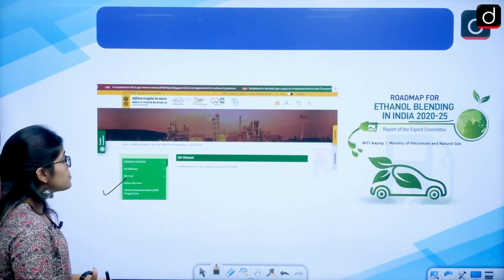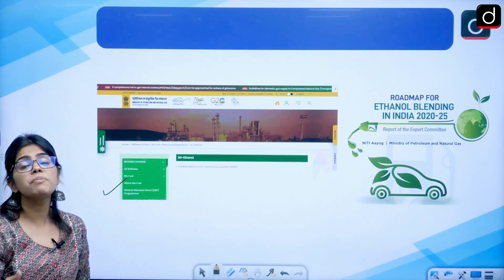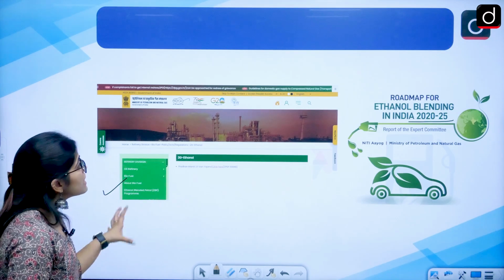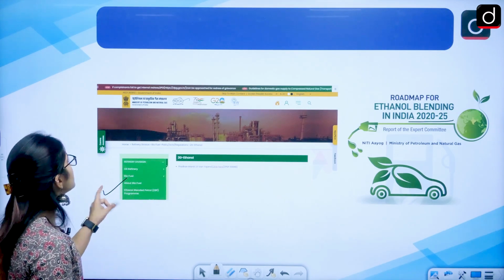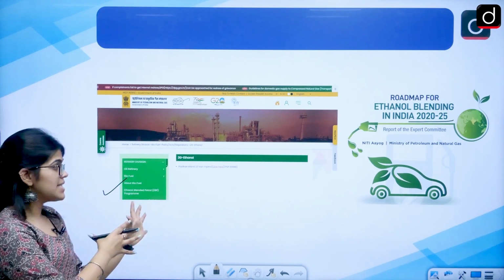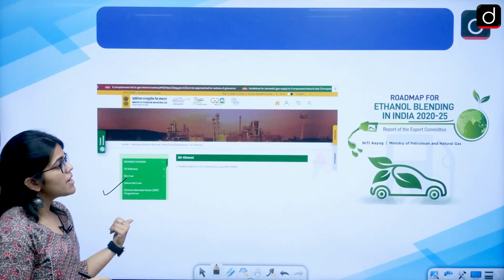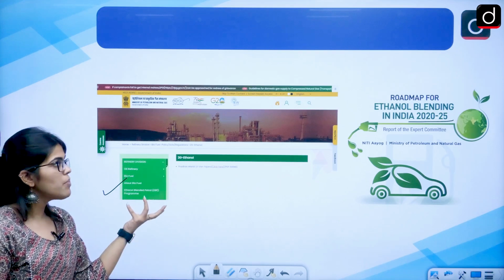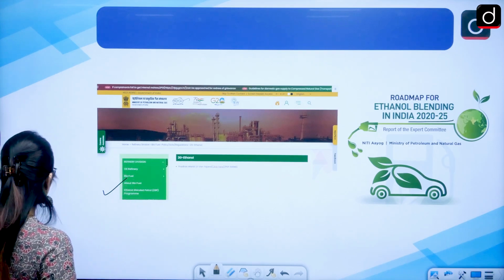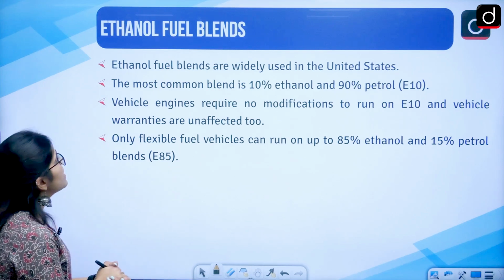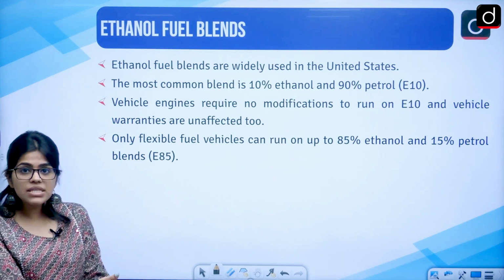This will give you a complete picture about ethanol blending and make things clear, because questions are repeatedly asked from this segment about ethanol blending, right? The Ministry of Petroleum and Natural Gas, NITI Aayog, came up with this report, which I urge you to read.